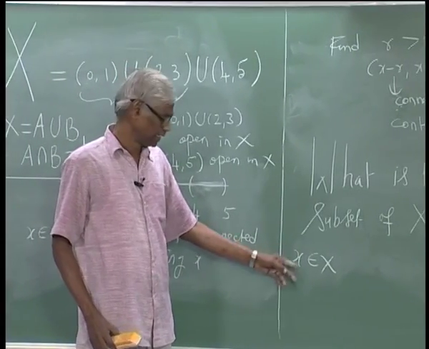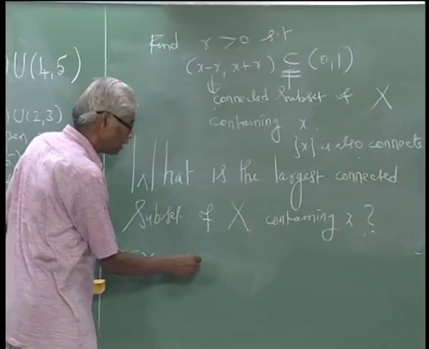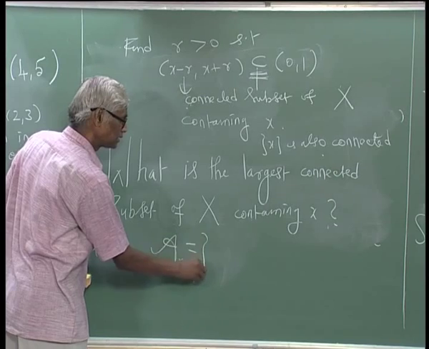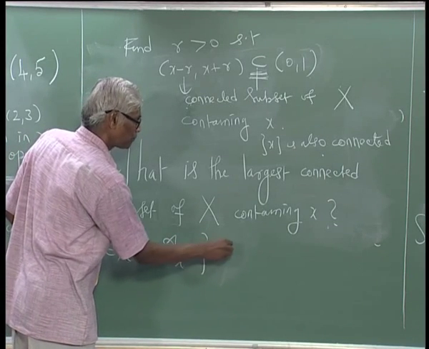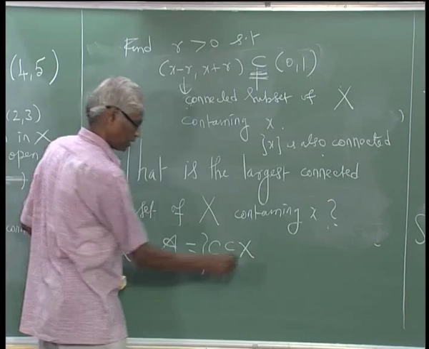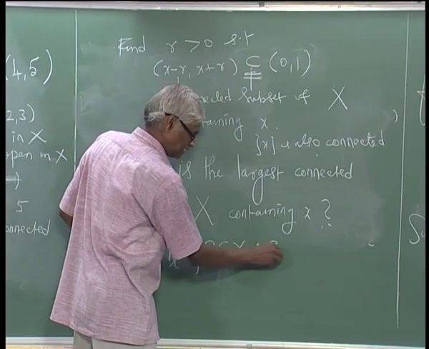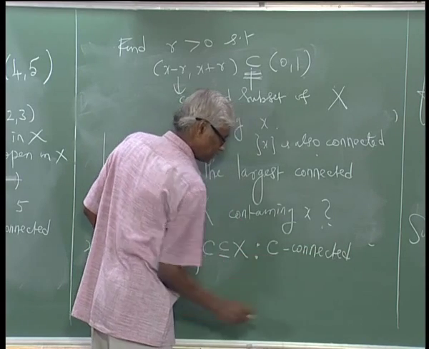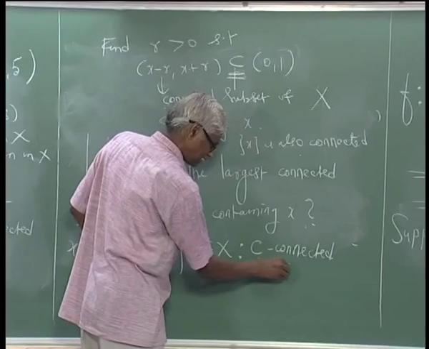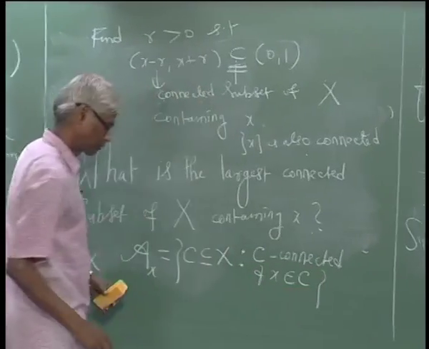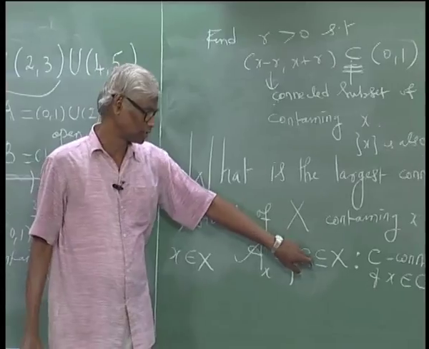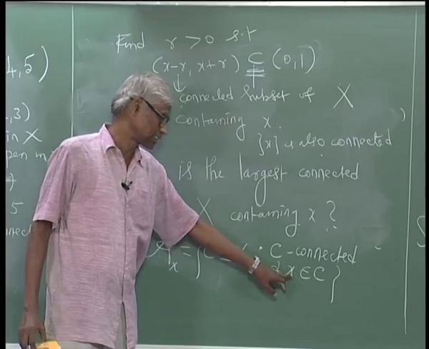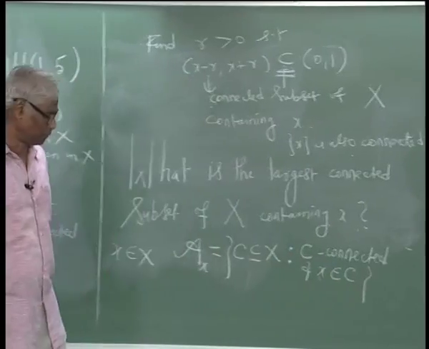Then what we will do is collect, let us say script A_x, the set of all subsets C of X such that C is connected and it is a connected set containing x. We are collecting all those connected subsets of X such that x belongs to C.